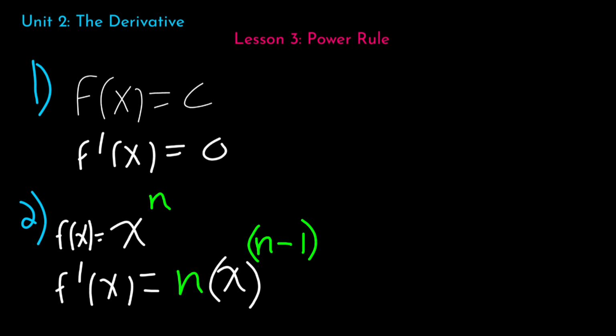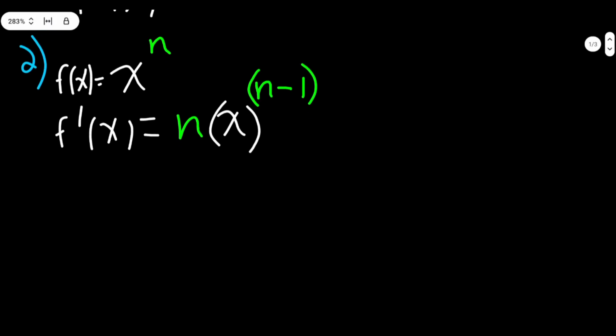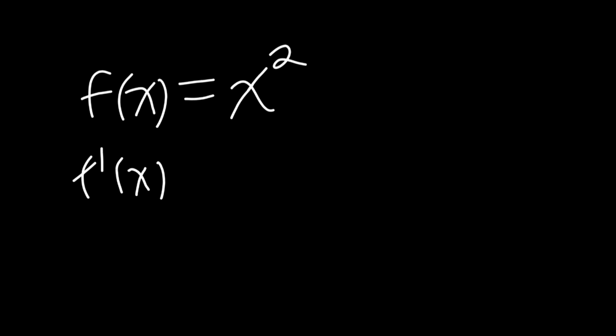So now let's do some examples of this. I'm going to start with the most basic power rule function ever. It's going to be f of x equals x squared. Go ahead and pause the video and see if you can do this yourself. So now if we apply our rule, f prime of x is going to be, our 2 is our n, so our 2 is going to come out front, right?